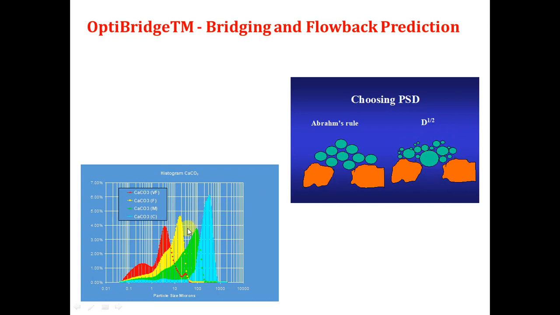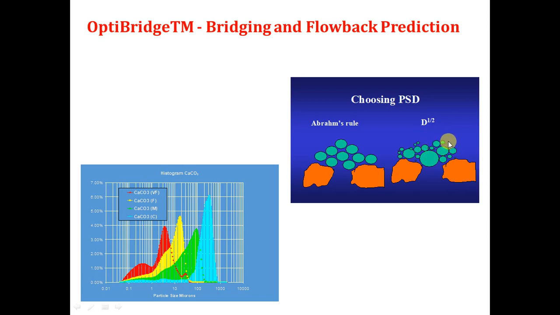and use the OptiBridge system, or what is known as the particle size distribution system, in order to get, for example, how many of the big, how many of the little one, how many of the very small one, and how many pounds of the very fine one.